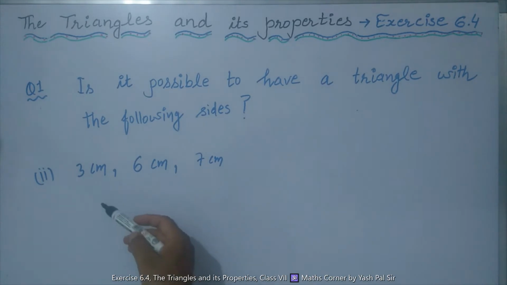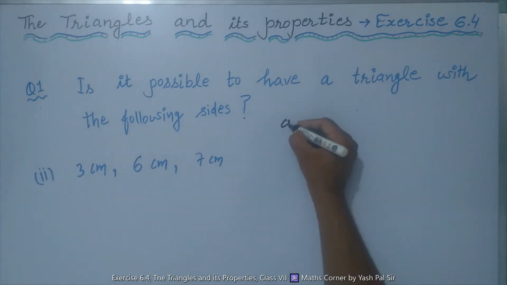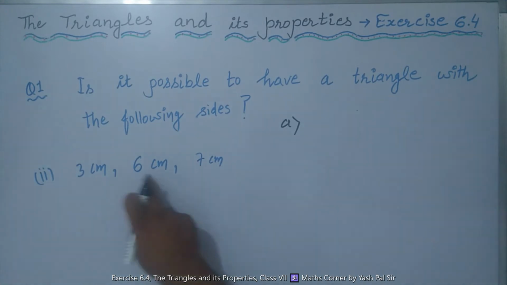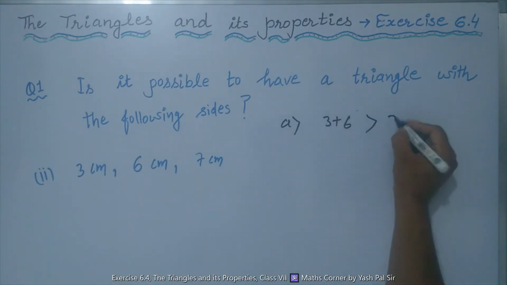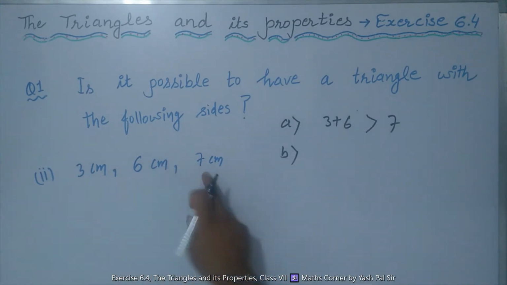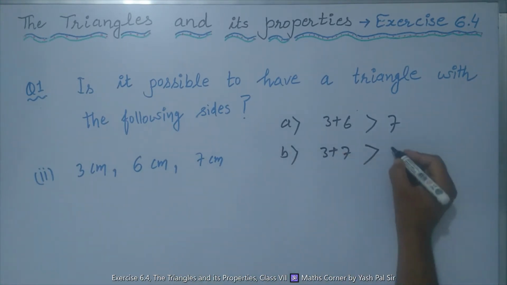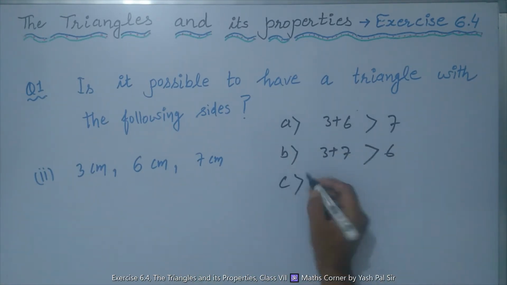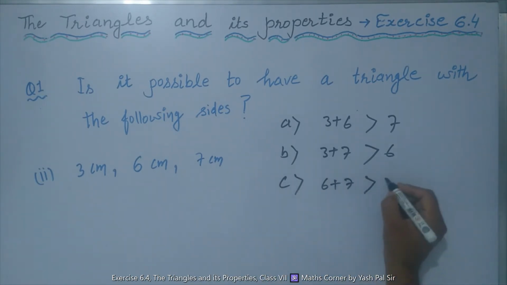Second part, the three sides of the triangle are 3 centimeter, 6 centimeter, 7 centimeter. So case A part, sum of 3 plus 6 is greater than 7. B part, sum of 3 and 7 is greater than 6. C part, sum of 6 and 7 is greater than 3.